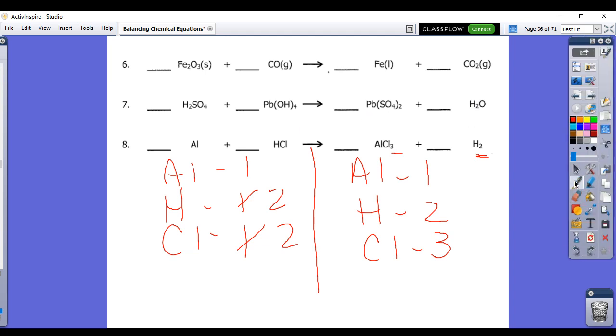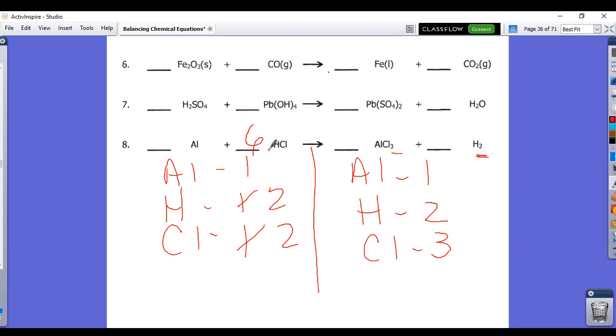So I put a 6 here. So 6 times 1 hydrogen is now 6. 6 times 1 chlorine is now 6. Over here, I can make this hydrogen 6 by putting a 3. So that hydrogen is now 6.